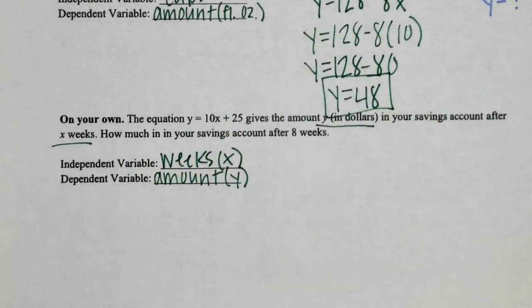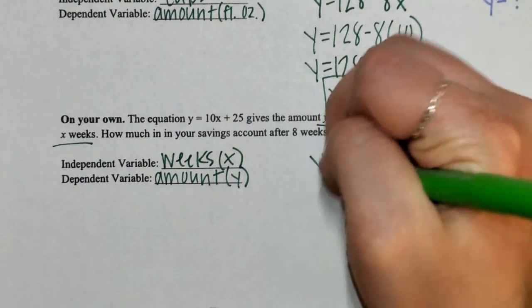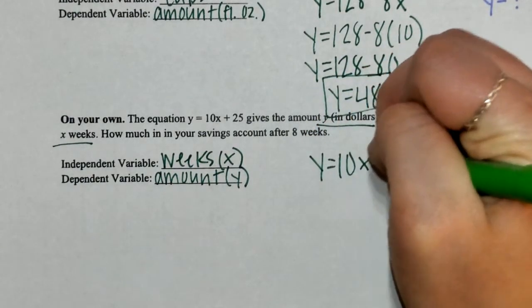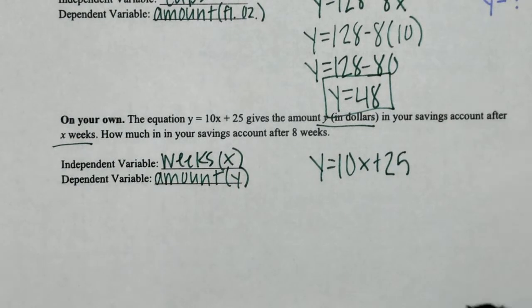Okay. So I have my equation, y equals 10x plus 25. What does the 10x represent? So we're trying to find how much will be in our savings account after 8 weeks. So what does the 10x represent?